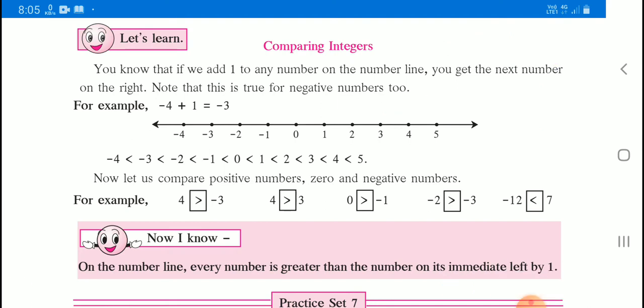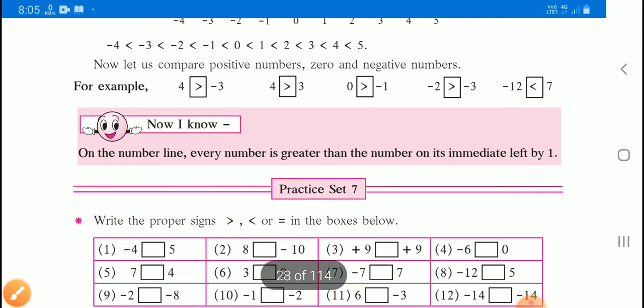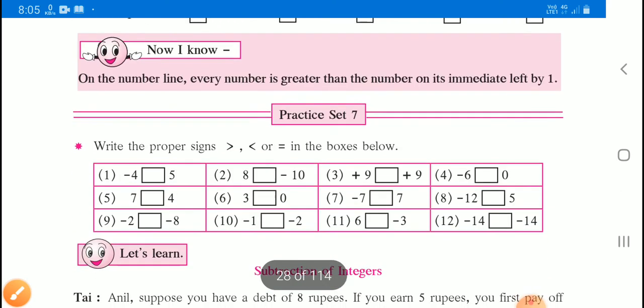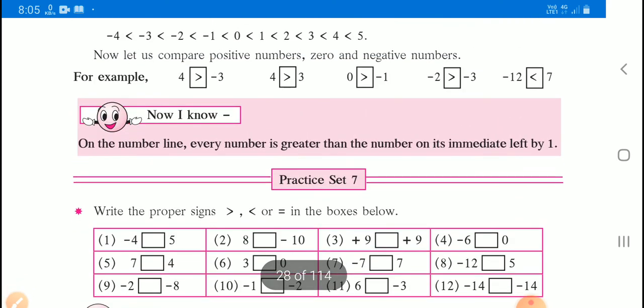Now, using this information, you have to solve practice set 7. And for more practice, you can take numbers of your own and solve them in your notebook.